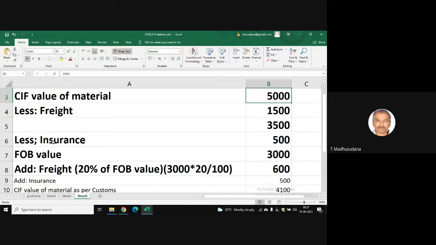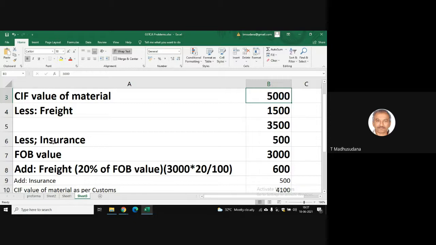For FOB value, we added the expenses incurred by the importer, that is freight charges and insurance charges, and then we arrived at the CAF value, and for CAF value we added 1% landing charges as per the customs. Like that we calculated in the previous problem, because there the material price is given at factory price.